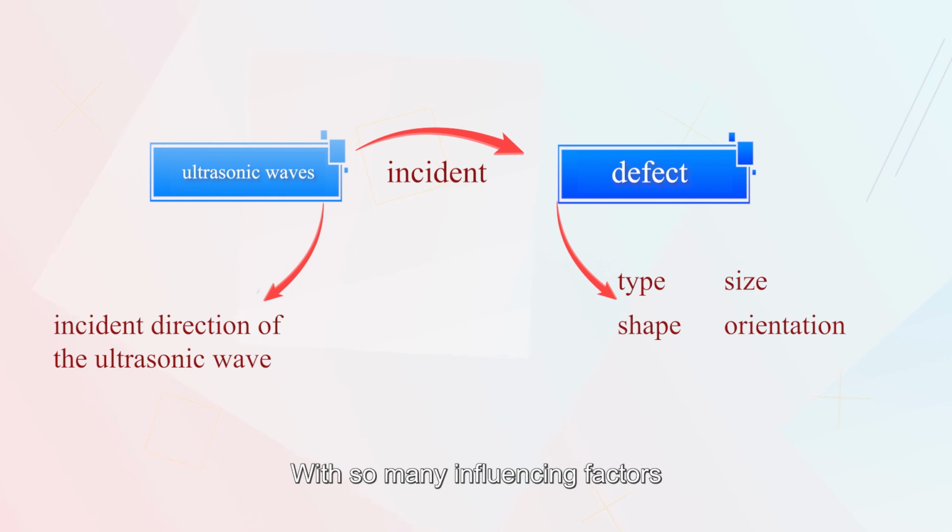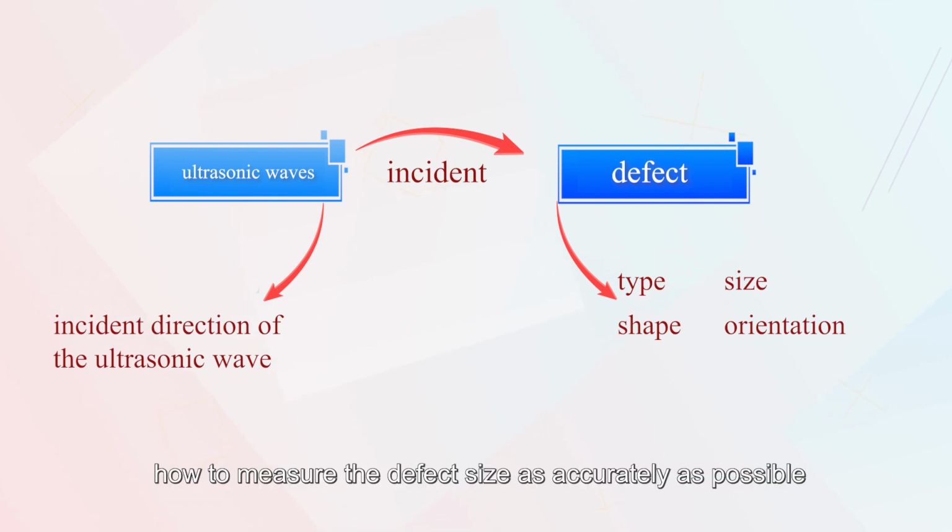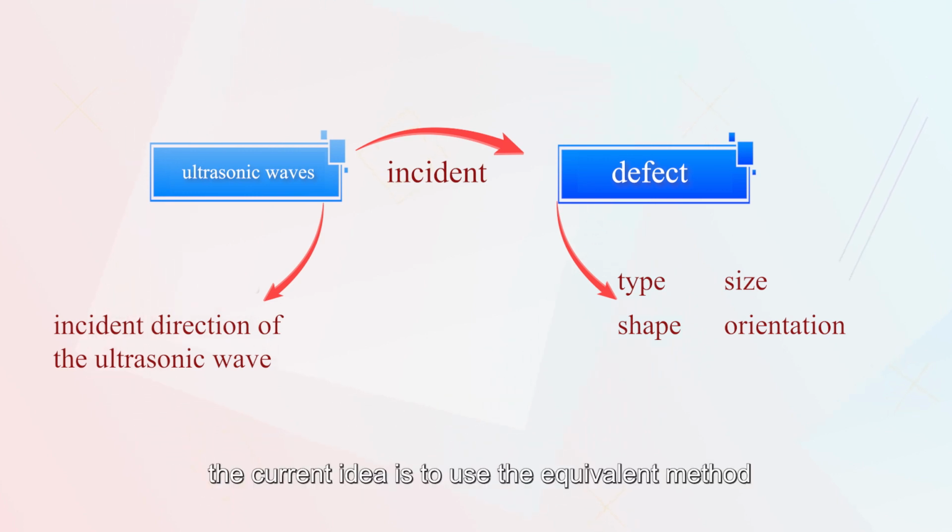With so many influencing factors, how to measure the defect size as accurately as possible? The current idea is to use the equivalent method.